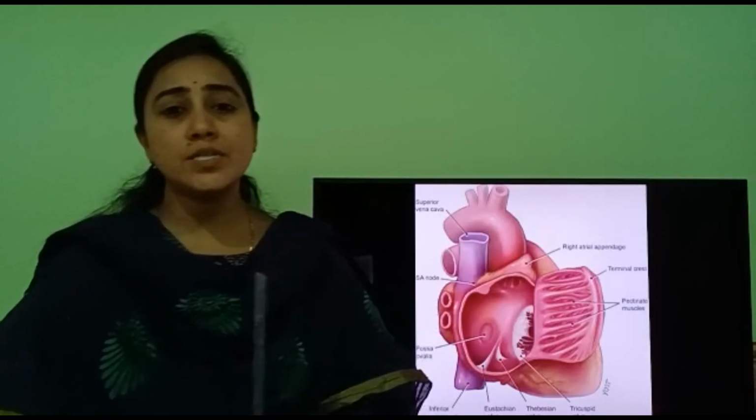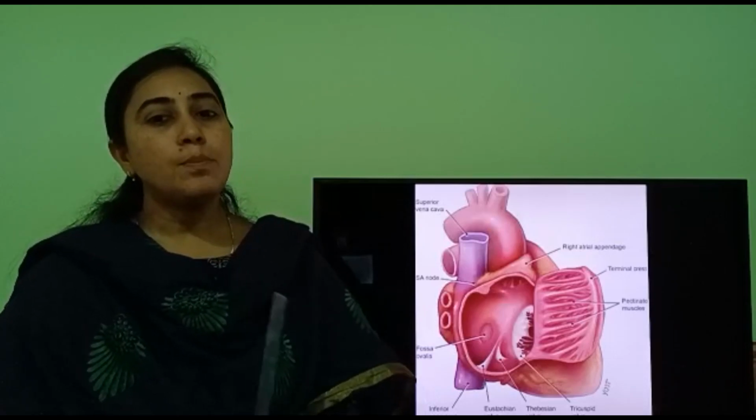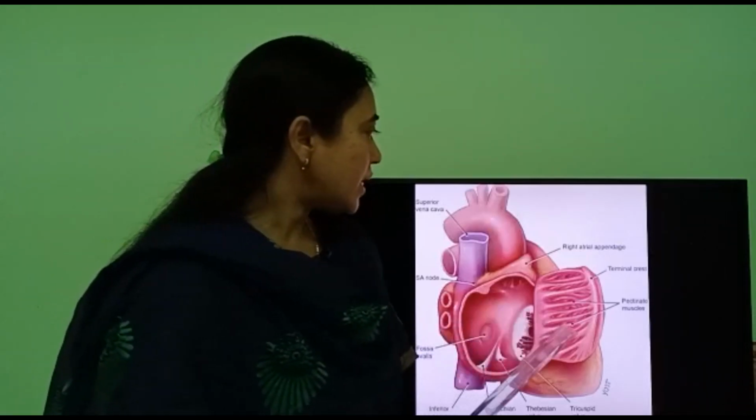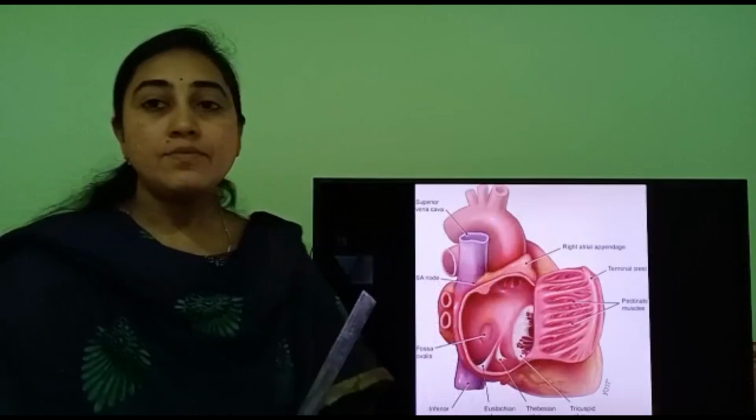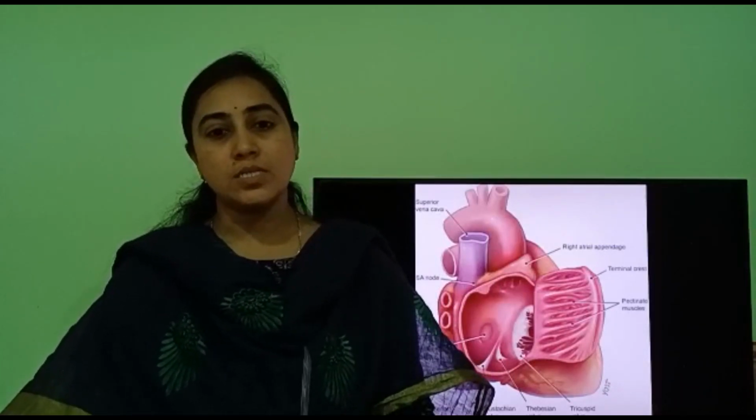The left atrium receives the blood from each lung through two pulmonary veins. Here you can see the left atrium, which gets the oxygenated blood from the lungs.